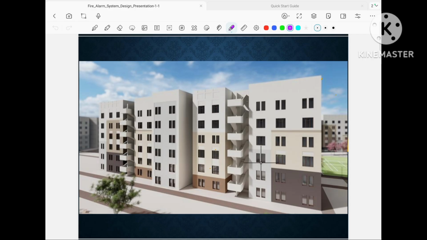Now let us take the example of our senior accommodation, which I took as an example in order to select the level of the fire alarm system and the detection zoning. Now let us take the same example and try to decide the alarm zoning.